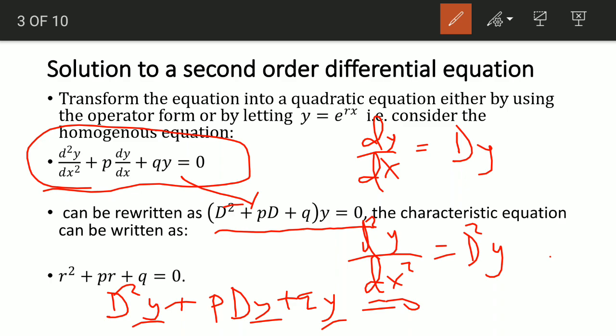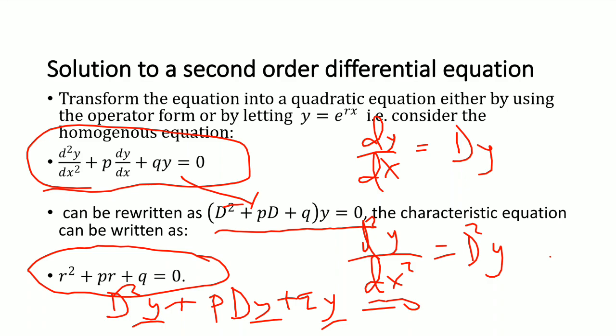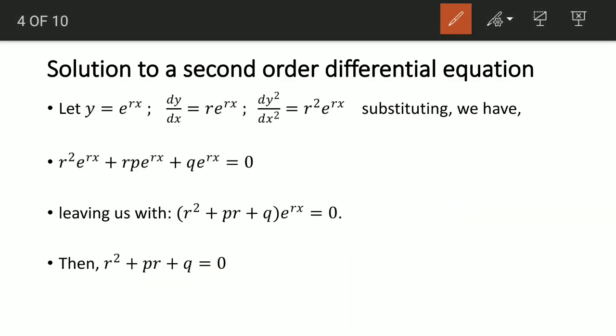Okay, and we can now write the characteristic quadratic equation as this. That means just replace D with r, and we have r squared plus pr plus q equal to 0. Now another way to achieve this is by letting y be equal to exponential rx. And of course, if y is exponential rx, the derivative of y with respect to x is r exponential rx.